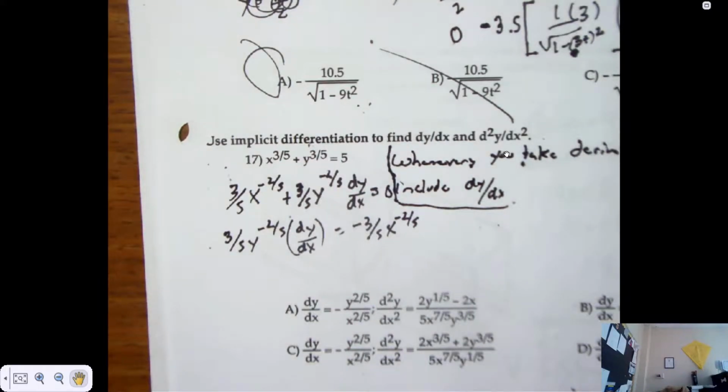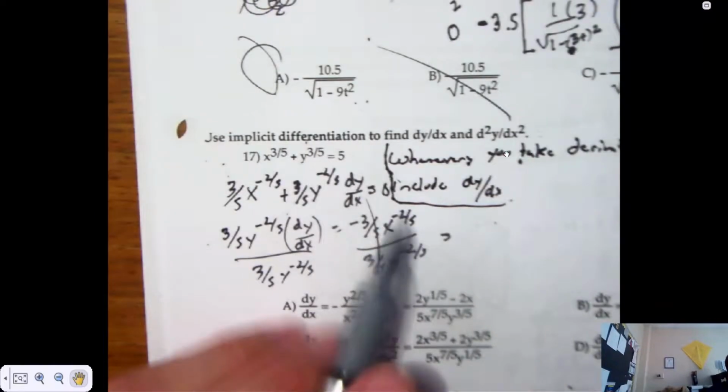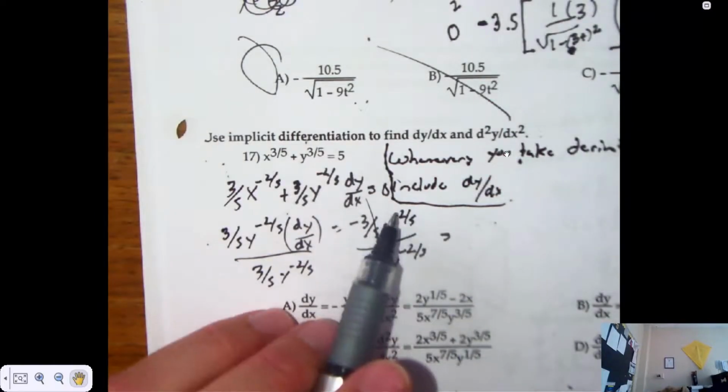And I'm going to do the division step. Divide by 3/5 y to the negative 2/5. You good so far? Okay. The 3/5 will cancel. One up high, one down low. So that's gone. And the exponents can be swapped. A negative exponent up top, shift it down low.